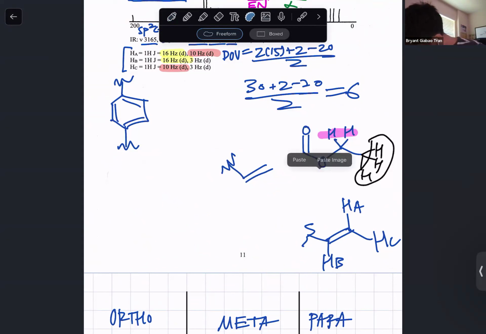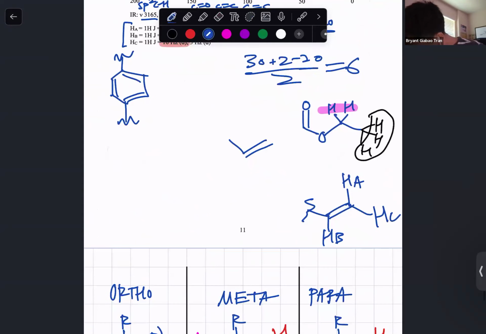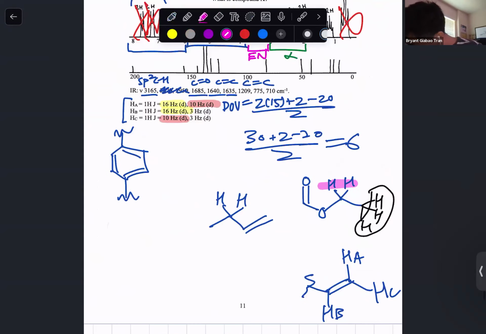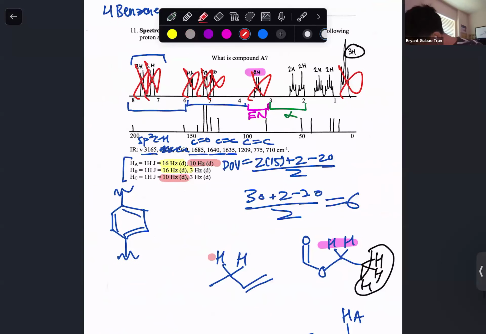Okay. So if I say that these 2 hydrogens are going to be highlighted red, I'm going to make these 2 hydrogens here highlighted red. We see that they have 3 subpeaks, which means that they will have 2 neighbors. So I'm going to draw its 2 neighbors out like this.